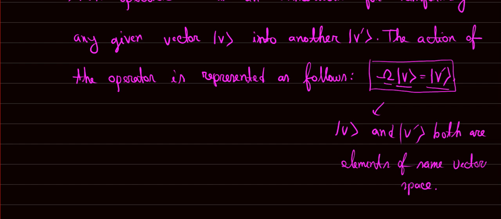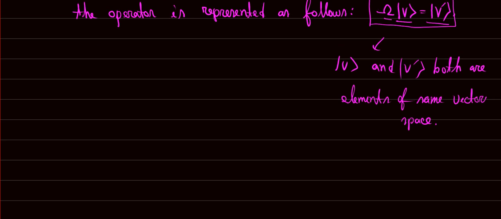So if the operators can act on ket vectors, they can obviously act on bra vectors, right? So the bra vectors, we will write them like this. Okay. So we will only focus on linear operators.